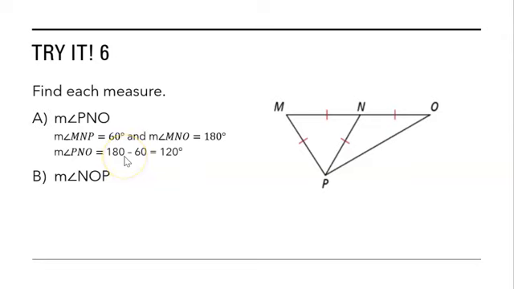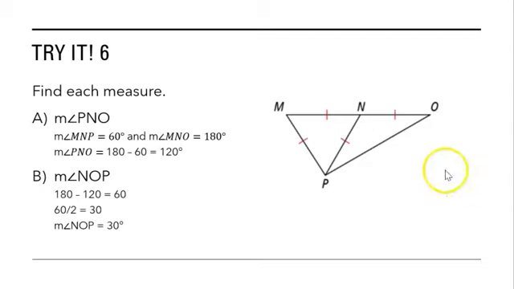For angle PNO, what I did is I knew that this triangle is equilateral. So MNP, this angle right here, is 60 degrees, and MNO is 180 because it makes a straight line. So all I had to do is 180 minus 60 to get this angle, which was 120 degrees.